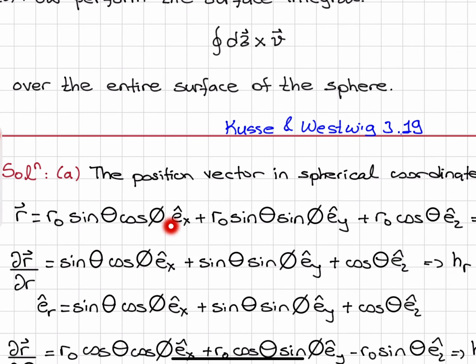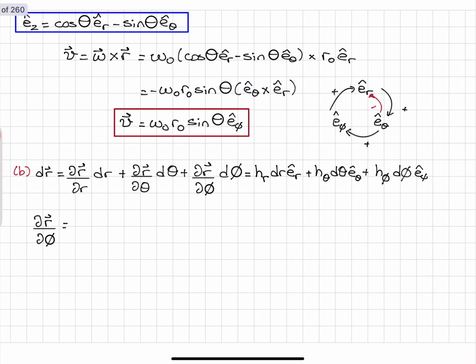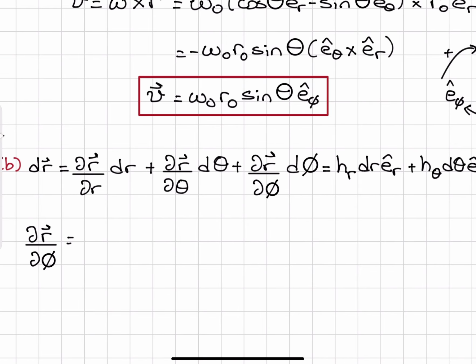If I take a phi derivative, this would give me a minus sine phi, this would give me a plus cosine phi, and no contribution from this one. So del r del phi is then minus r0 sine theta sine phi in Ex hat direction.